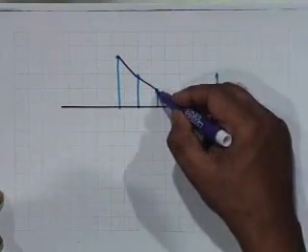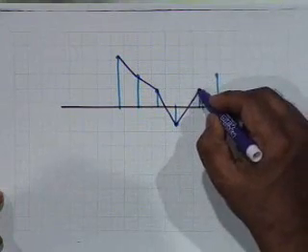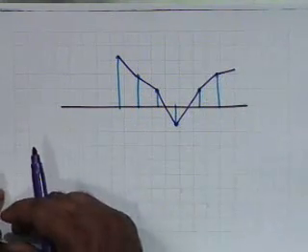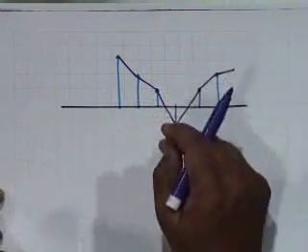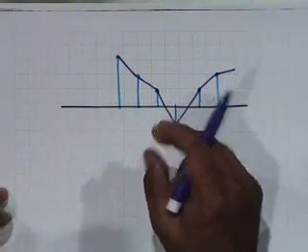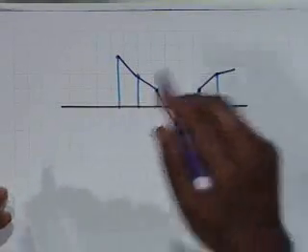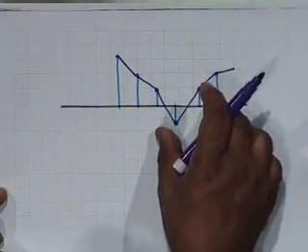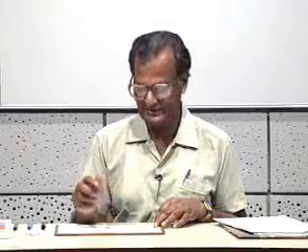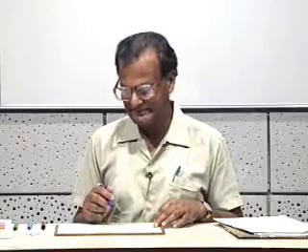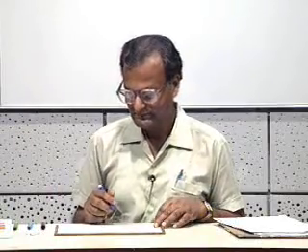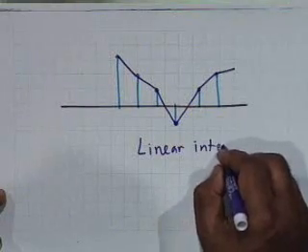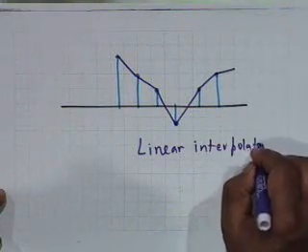Then this is an approximate representation of the signal. And such an interpolator could be a constant current charging of a capacitor, when you know the voltage rises linearly. There are corresponding electronic circuits which you shall learn later in digital electronics. This is called a linear interpolator.